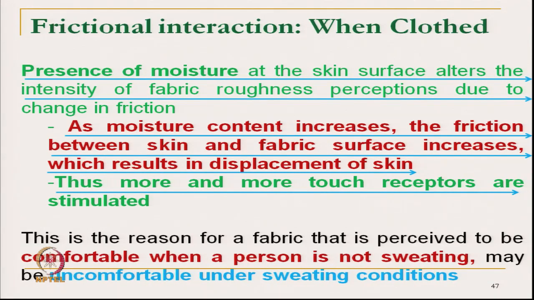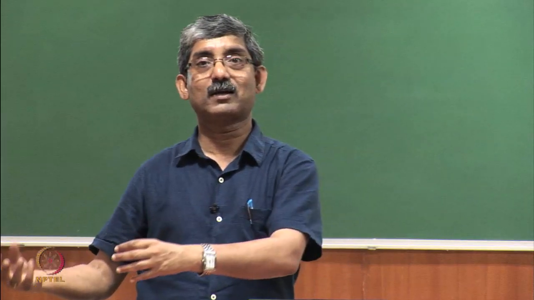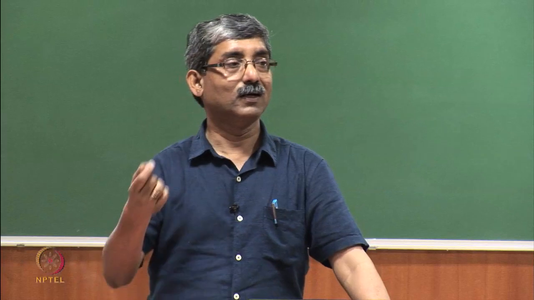This is the reason a fabric may be comfortable when we are not sweating, but the same fabric will become uncomfortable as far as tactile sensation is concerned when we start sweating. That means it stimulates other receptors due to the pull on the skin.